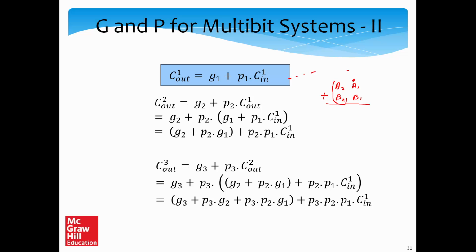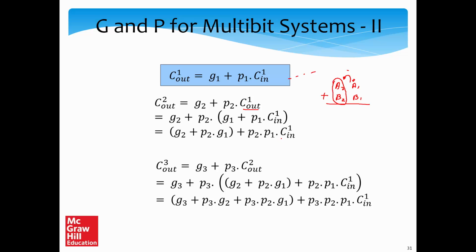This is the equation for the first bit pair. If I consider the second bit pair over here, the carry that is coming out, Cout2, is G2 or P2 and the carry that is coming out of the first bit pair. So then I can do a little bit of algebra and replace Cout1 with this expression here, and I just rearrange the terms.